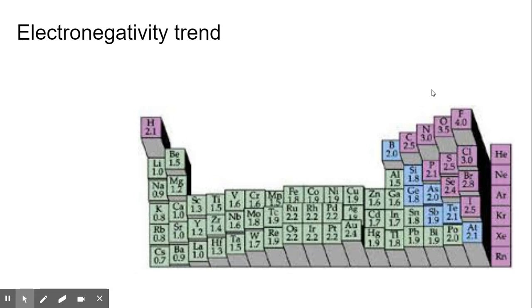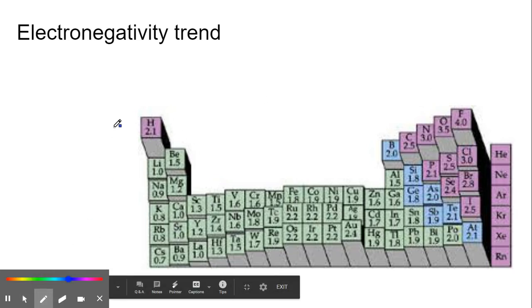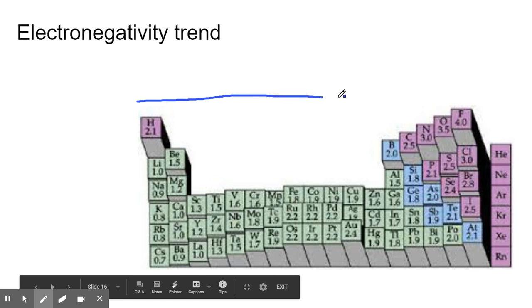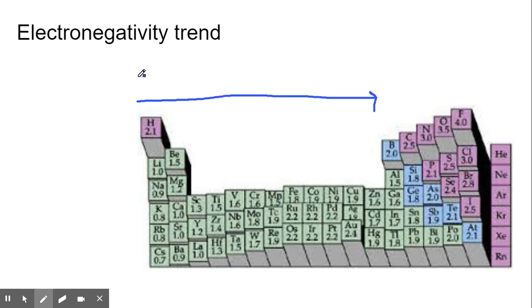When we go to the right, we become more electronegative, we have an increase in electronegativity. Why would I be more attracted to electrons when I go to the right? Because I'm adding positive charge, because I'm adding protons.